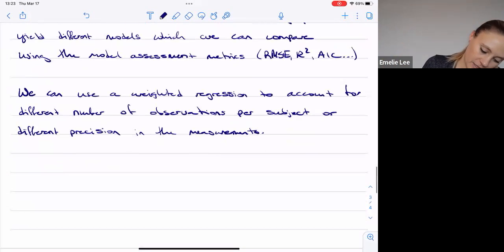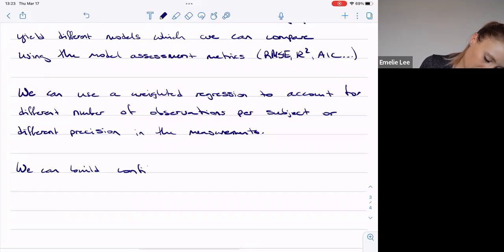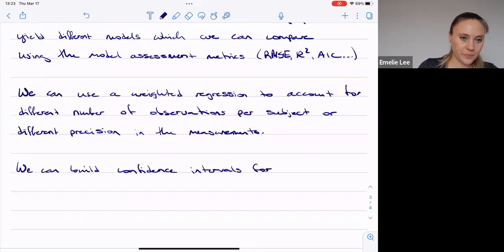Okay, so we can build, and I'm kind of skipping one thing, but that's okay. We can build confidence intervals for each of the coefficients.